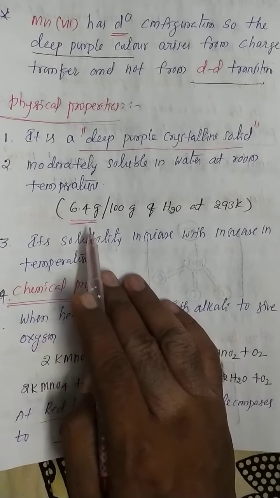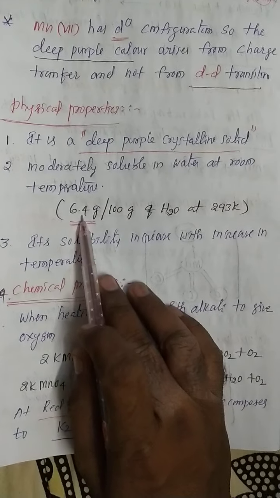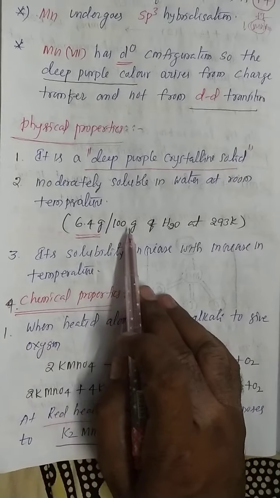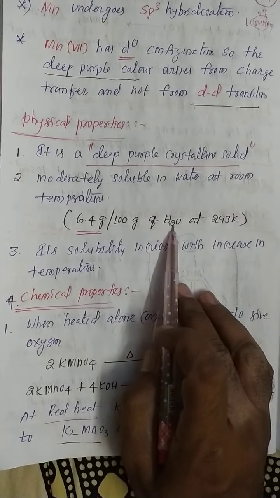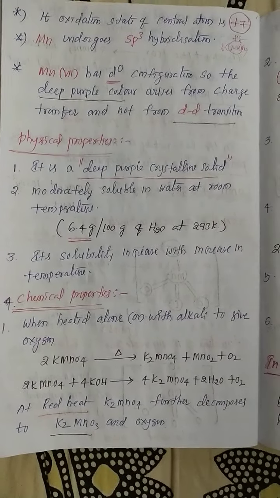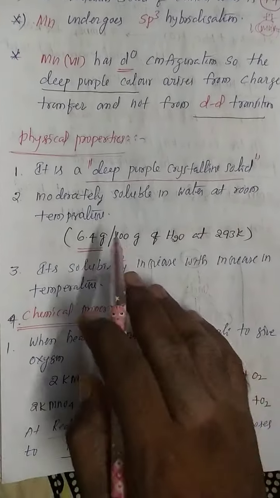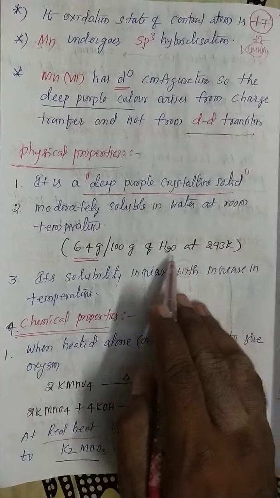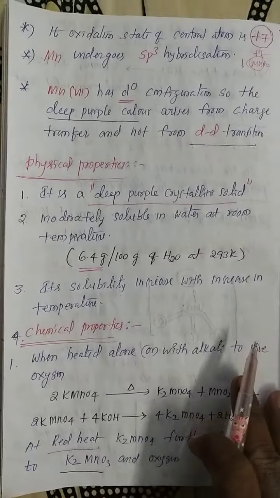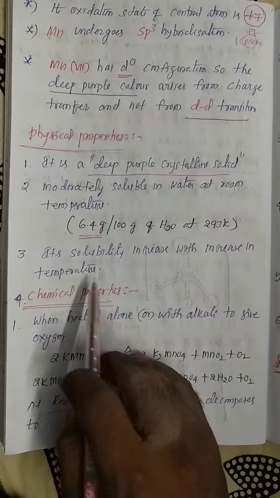This is the most important point. 6.4 grams of potassium permanganate is soluble in 100 grams of water at room temperature.